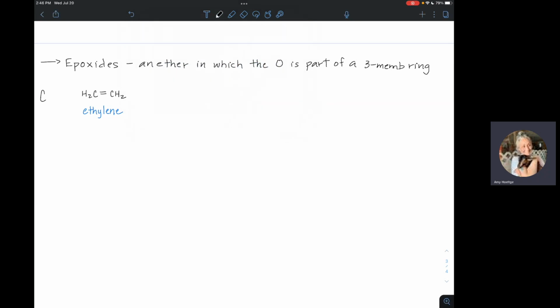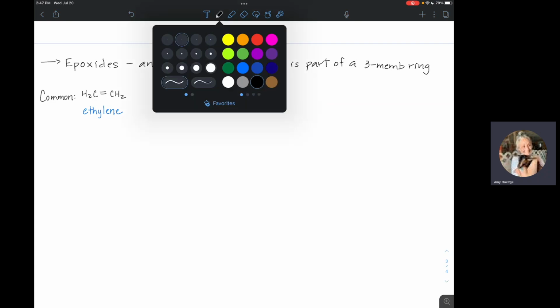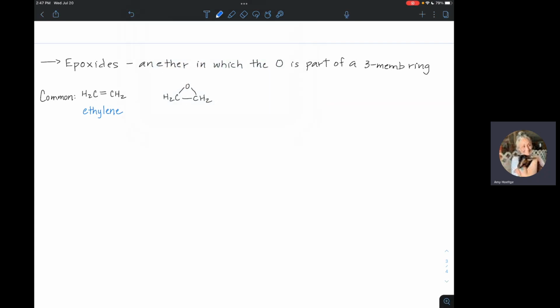So we'll write that over here. This is common nomenclature. If I create an epoxide out of this, I'm going to make the three-membered ring. And it will be named ethylene oxide.